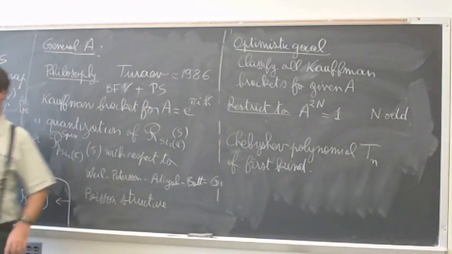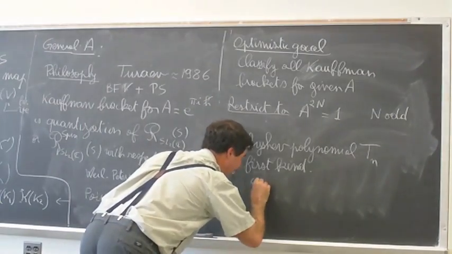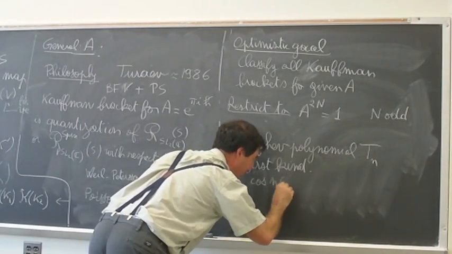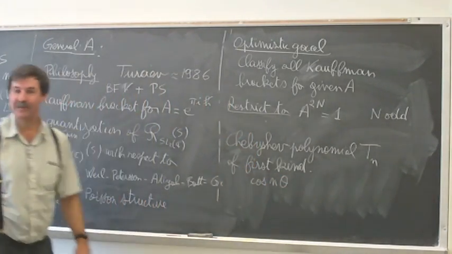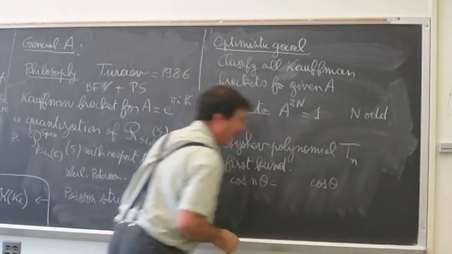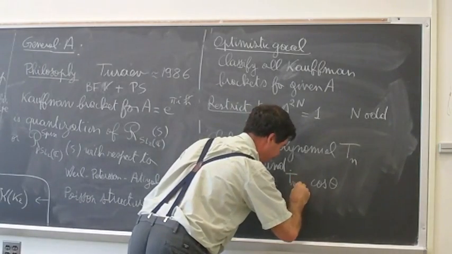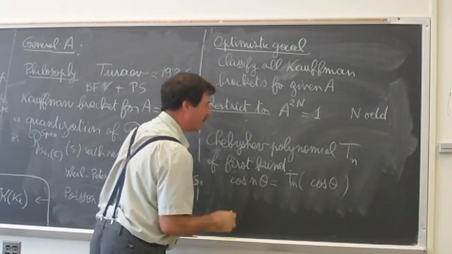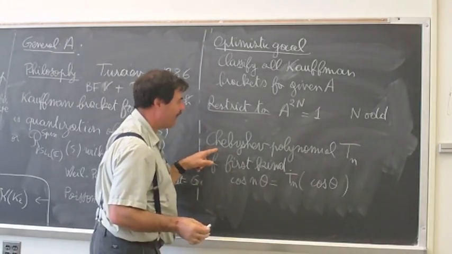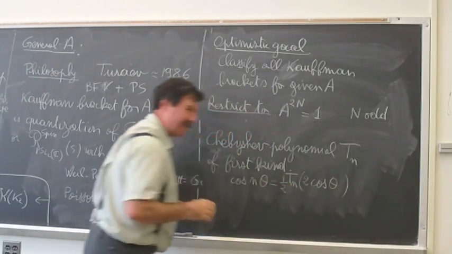So what's the Chebyshev polynomial? Well, when you teach calculus, you know that your students don't, but you do know that there is a formula for cosine n theta, and that you can express it as a function of cosine theta. And it's a polynomial function, right? So that's what the polynomial is, except that I want the normalized Chebyshev, so I can put a 2 here and a 1/2 here. But it's the same.